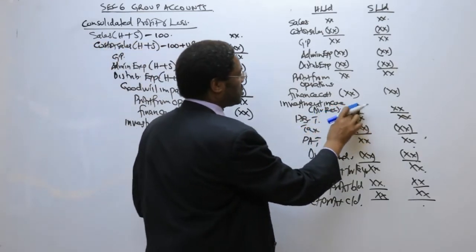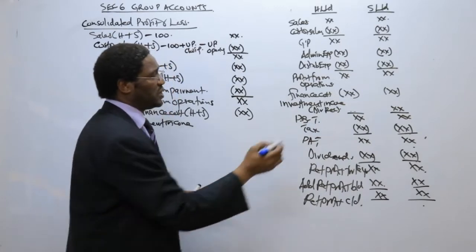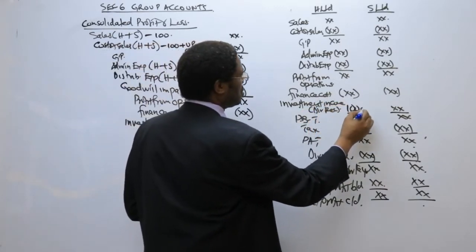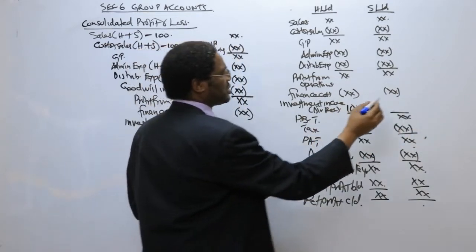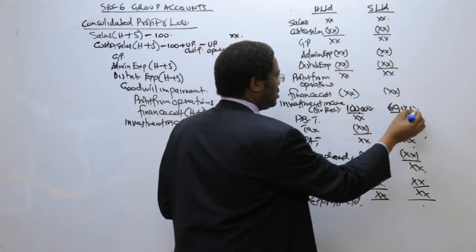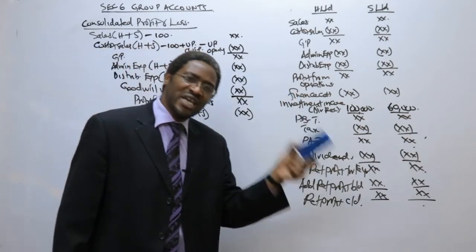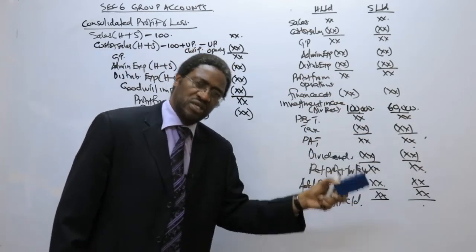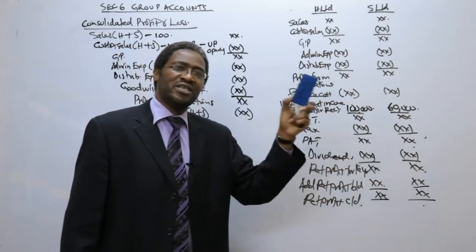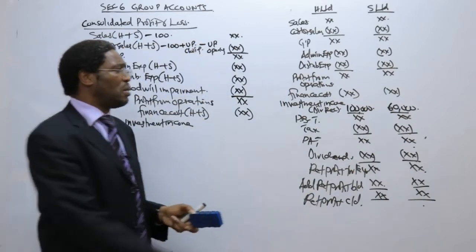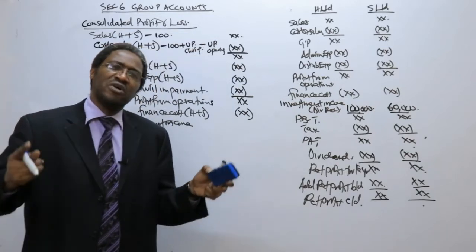We were assuming, for example, if the question gives you that the investment income of the holding company is, let's assume, 100,000, and the investment income of the subsidiary company is, let us assume, 60,000, we said whatever the subsidiary company is reporting as their investment income, which is in this case 60,000, could not have come from a group member.